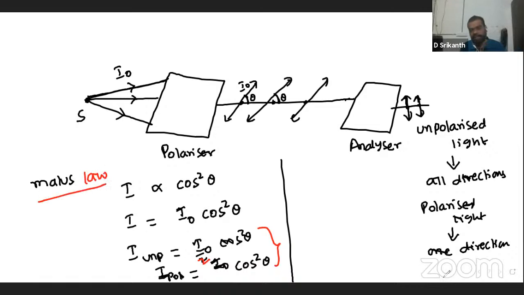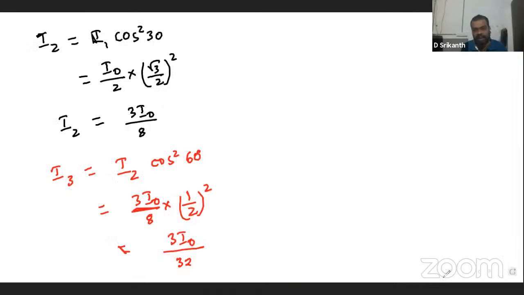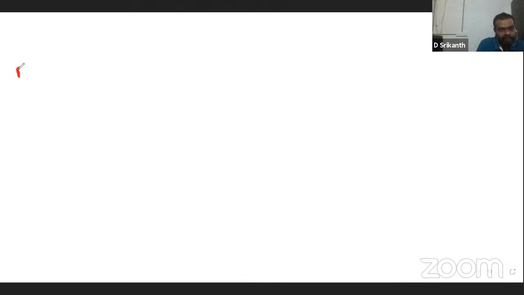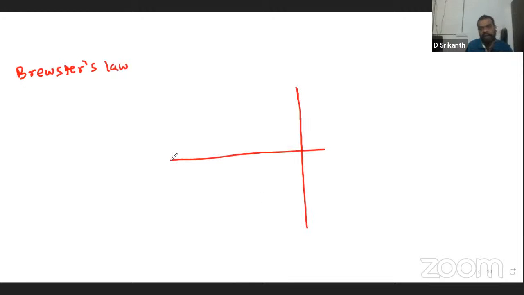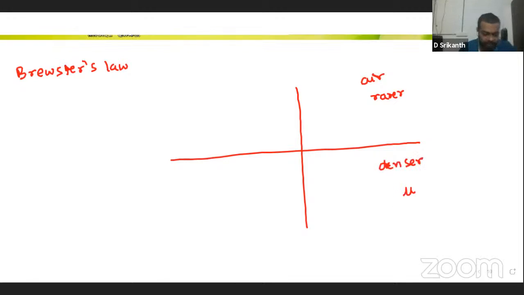And next, finally, we are having Brewster's law. Suppose let us consider a medium, an optical substance. This is the rarer medium, having air as the medium, and this is my denser medium, having a refractive index as mu.